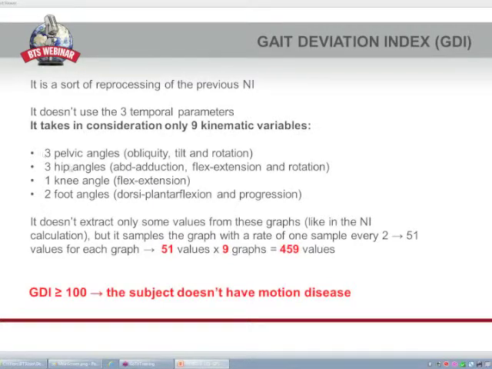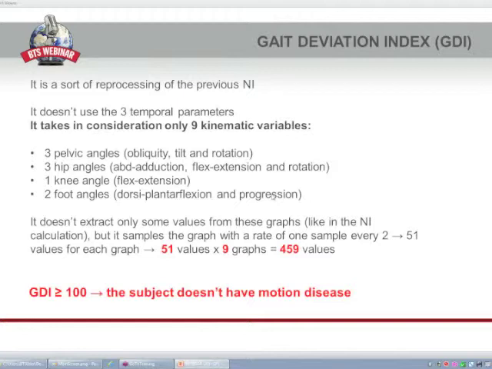The variables used are 3 pelvic angles, the obliquity, the tilt, and the rotation, 3 hip angles, the abduction, the flexion-extension, and the rotation, 1 knee angle, the flexion-extension angle, and 2 angles for the foot, the dorsiplantar flexion and the foot progression. The GDI doesn't extract only some discrete values from these graphs like the Normalcy Index, but samples the graph at a rate of 1 sample every 2% of the gait cycle.